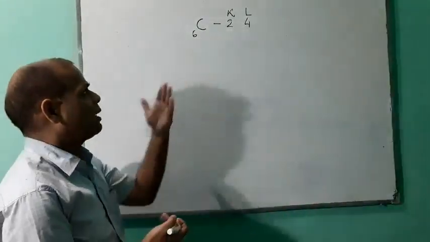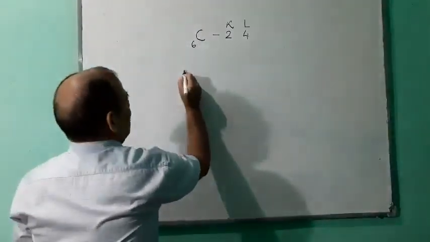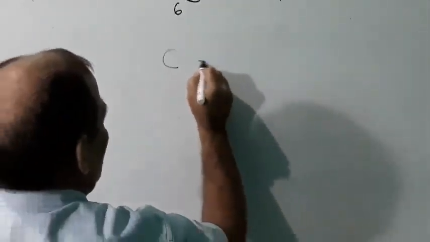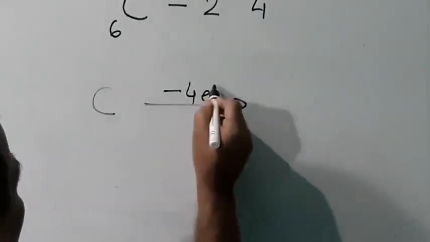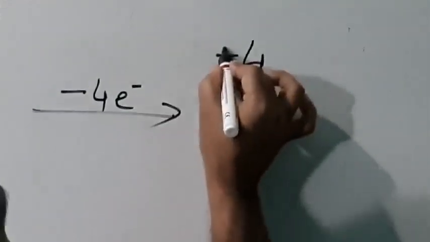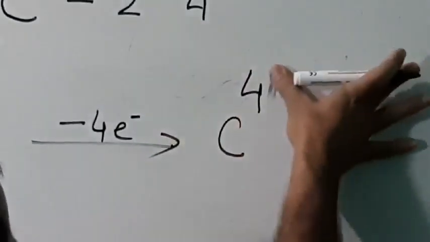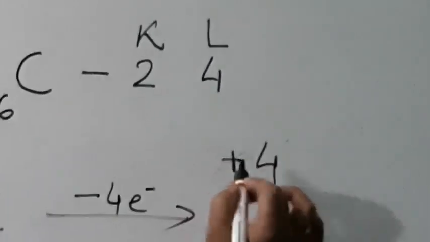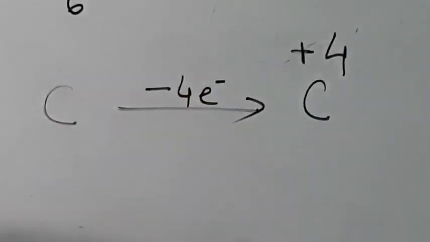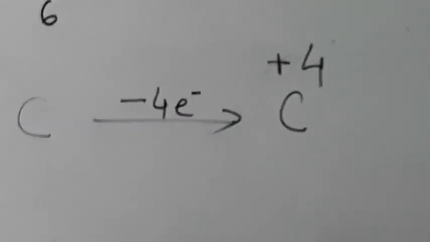If carbon loses 4 electrons to form C4+, in order to achieve the nearest noble gas configuration, like that of helium, carbon has to lose 4 electrons.